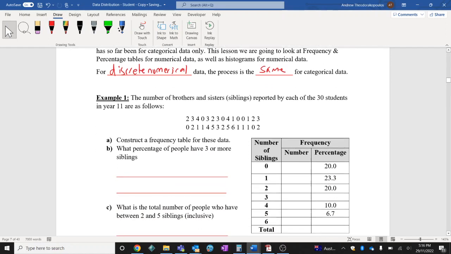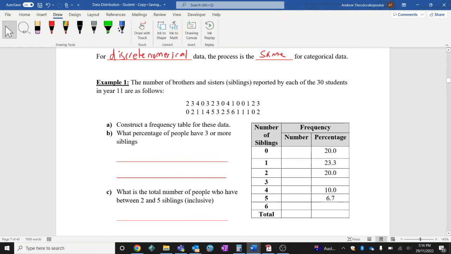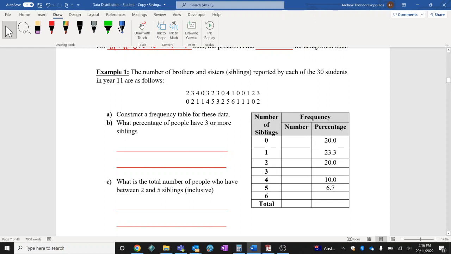So the number of brothers and sisters, siblings, reported by each of the 30 students in a year 11 class are as follows. All these answers here. You know, we've got 2 siblings, 3 siblings, 4, no siblings, and so on. Construct a frequency table for this data.